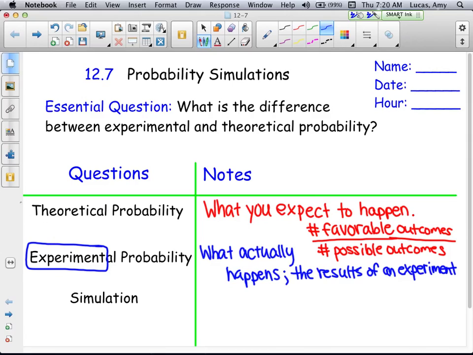So it's the number of favorable outcomes that you get in your experiment divided by the number of possible outcomes. A simulation is an experiment. So it's where you do a series of trials and you record your results.